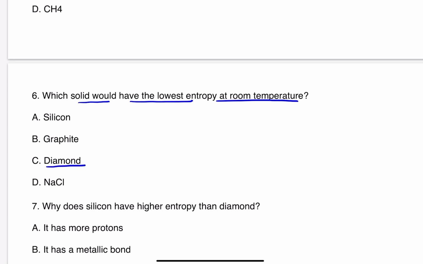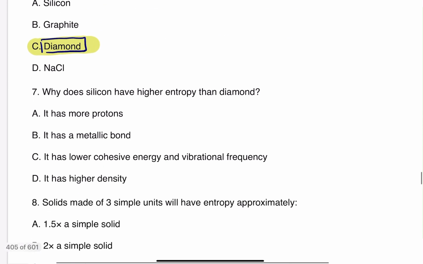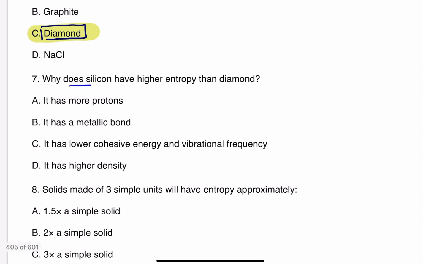It's strong bonding and a tightly bound lattice, and due to that it will have lower entropy. Next is, why does silicon have higher entropy than diamond? So it is very simple, because silicon has lower cohesive energy, so it will be easy to vibrate. Vibrational frequency will also be lower, and due to that it will have more entropy, more randomness.